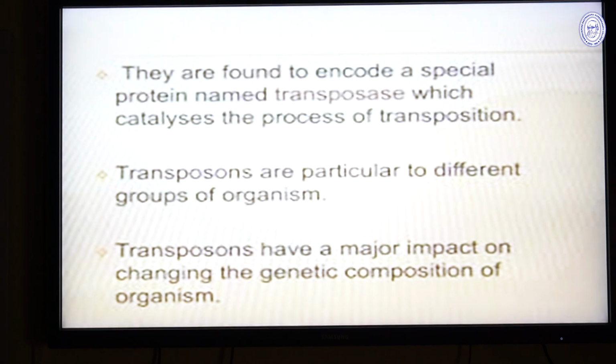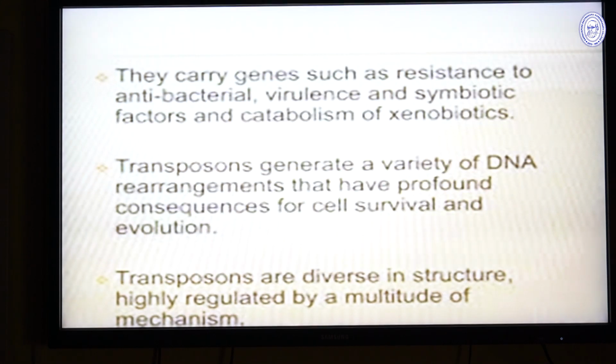These transposons are particular to different groups of organisms, and they have a major impact on changing the genetic composition of the organisms as well. It has also been found that these transposons carry many different kinds of genes related to antibacterial resistance, virulence and symbiotic factors, and catabolism of xenobiotics.